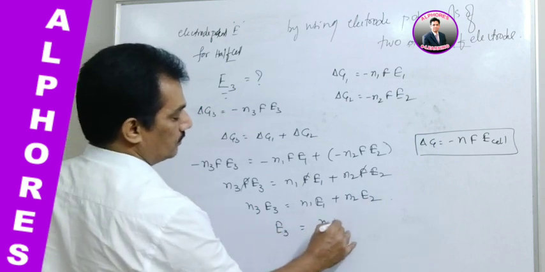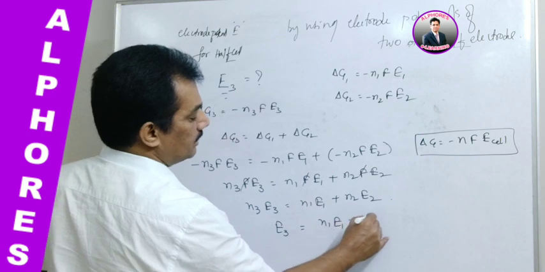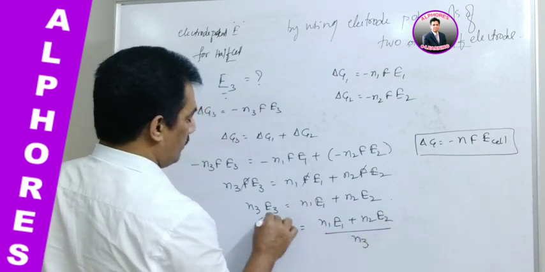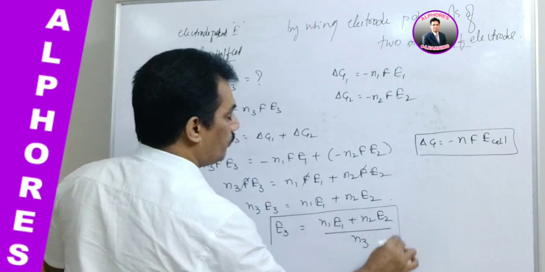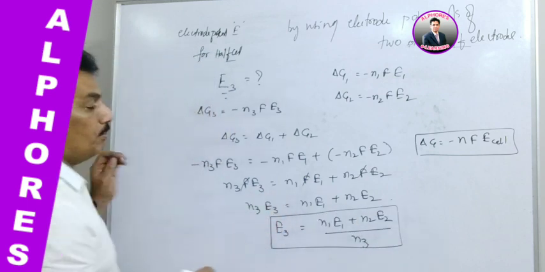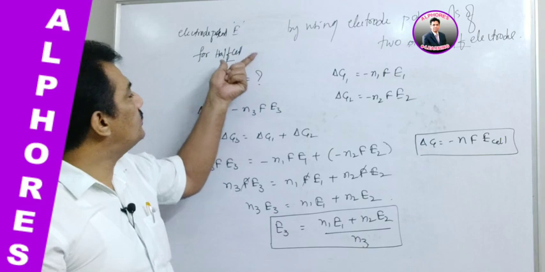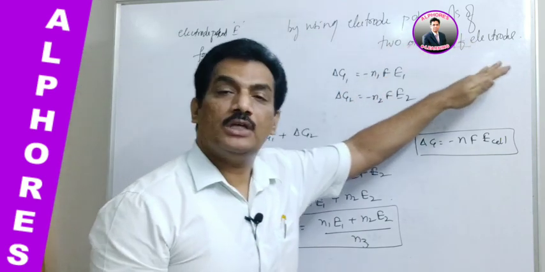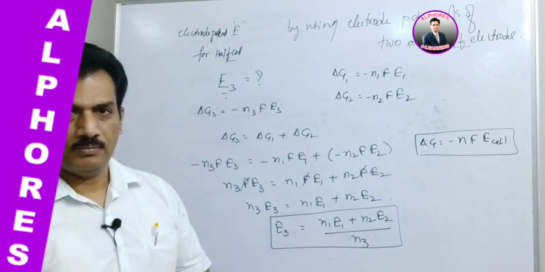E3 is equal to (n1 E1 plus n2 E2) by n3. This is the way we can measure a half cell electrode potential from two other half cell electrode potentials.